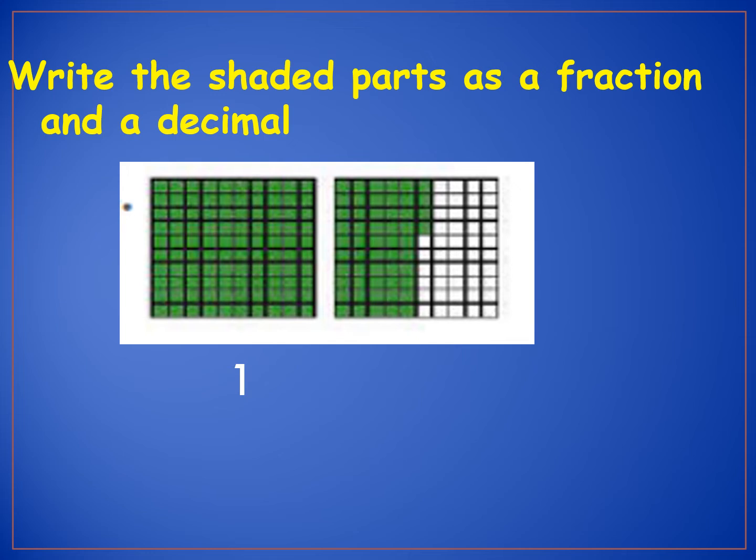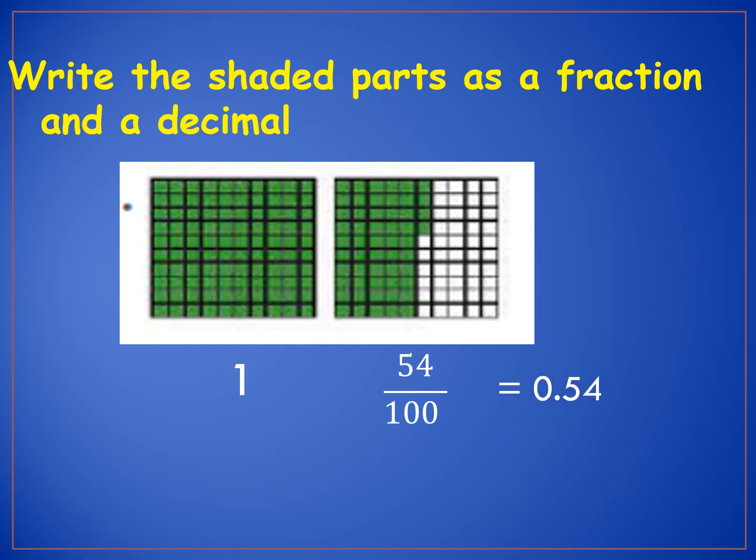And the other one, how many parts are shaded here? Just count: 10, 20, 30, 40, 50, 54 here, guys. So it will be 54 over 100. The whole first shape is shaded, and in the other rectangle only 54 parts are shaded. So the first whole is 1, and 54 over 100 will be 0.54.